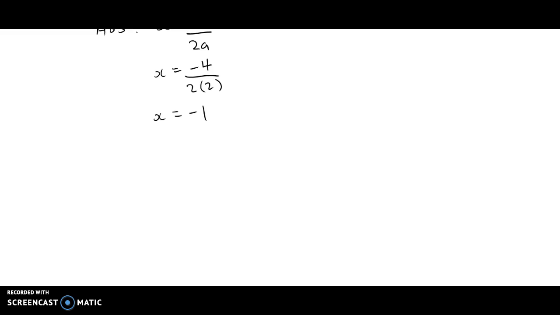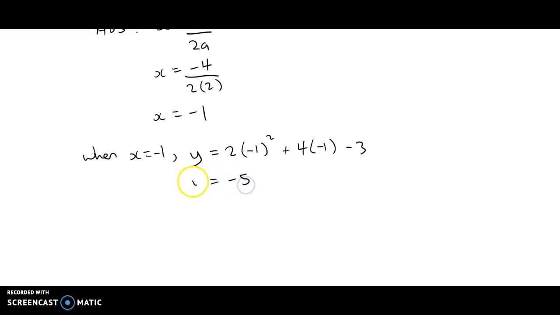Now to find the turning point, we substitute in x equals minus 1 into our original rule. So when x equals minus 1, y equals 2 times minus 1 squared plus 4 times minus 1 minus 3, which equals 2 minus 4 is minus 2, minus 3 will give us minus 5.